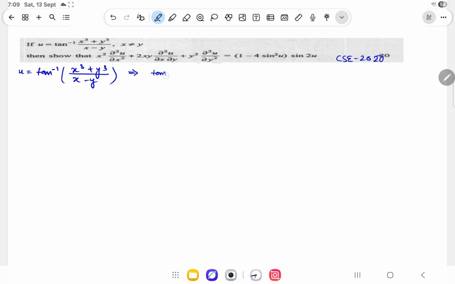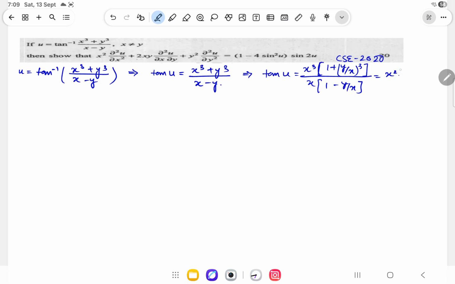So if I calculate tan of u, that will be basically equal to x cube plus y cube divided by x minus y, and I can take x cube common from the numerator, so I'll be getting 1 plus y by x cube divided by 1 minus y by x. So this is equal to x square into 1 plus y by x cube divided by 1 minus y by x.